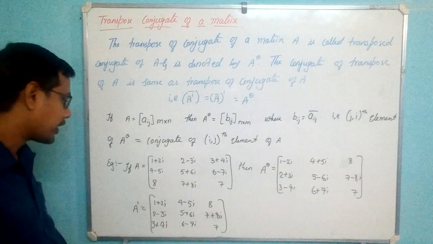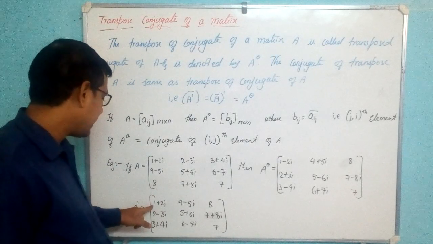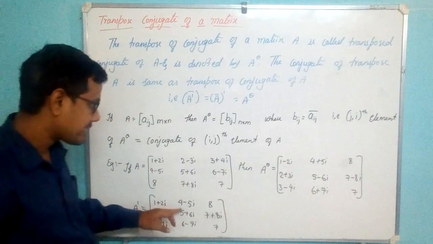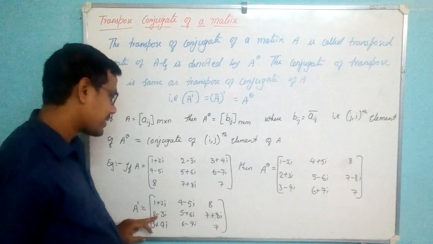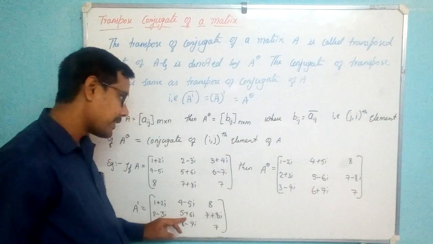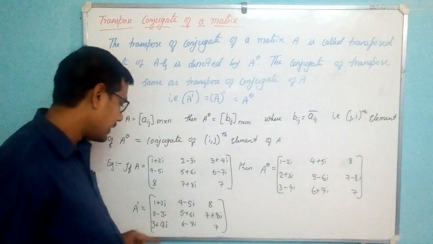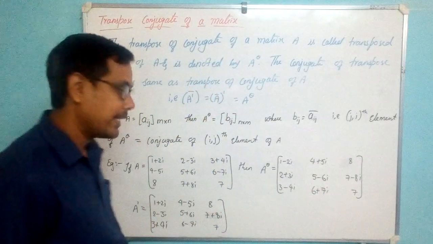Now if I take conjugate of this, what I will get? 1 plus 2i is there, it becomes 1 minus 2i, that is here. 4 minus 5i is there, it becomes 4 plus 5i, and 8 as it is. 2 minus 3i is there, conjugate of this, 2 plus 3i. 5 plus 6i is there, conjugate of this, 5 minus 6i, right? Then 7 plus 8i is there, conjugate of that will be 7 minus 8i.